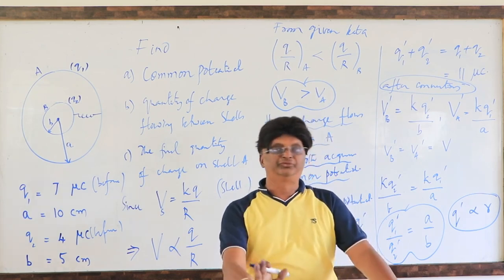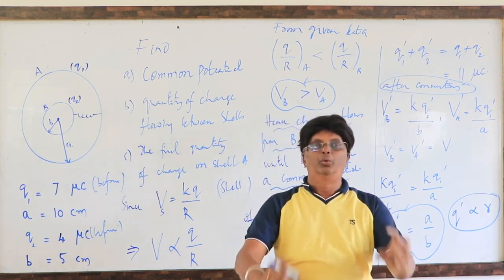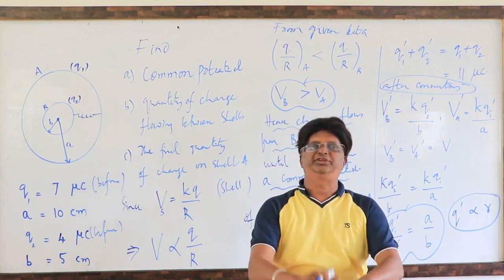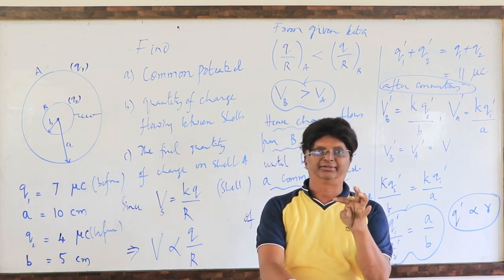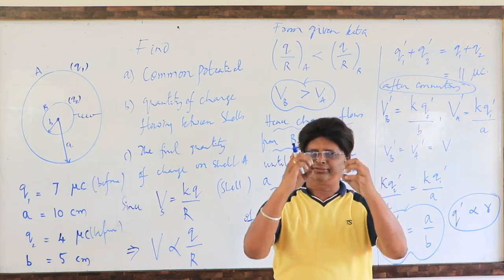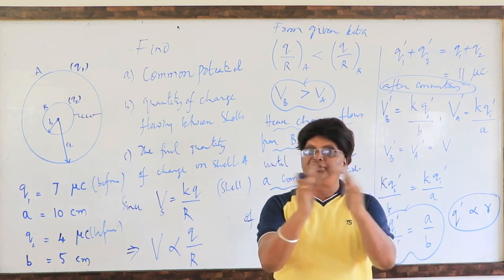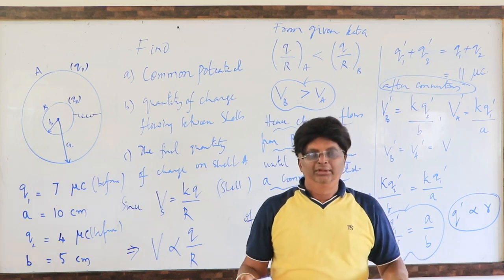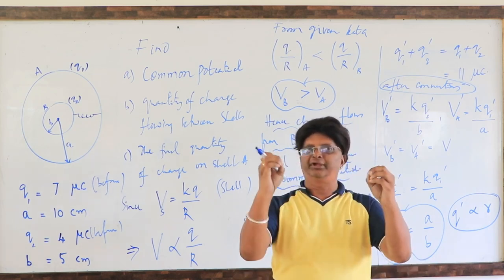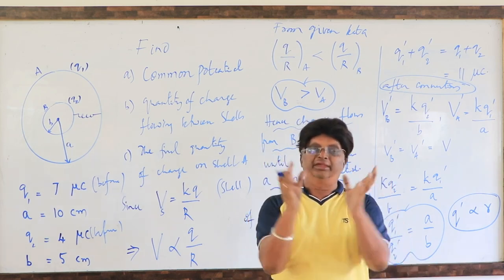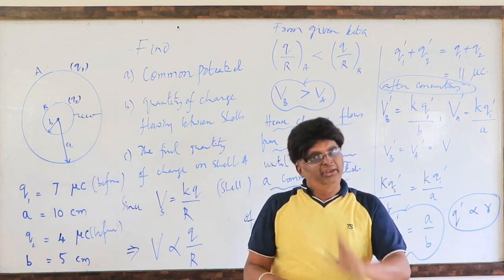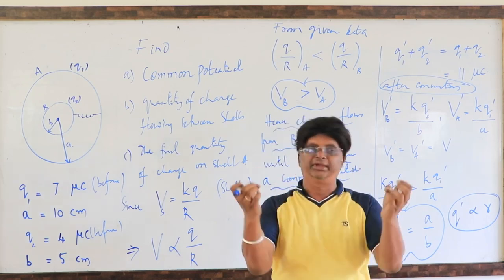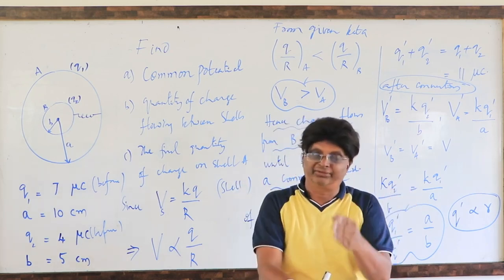In the earlier Coulombic force examples, remember, when two shells are touched with each other, we took the case of identical shells. Same radius, same size, then the charge division is equal. Suppose 5 centimeter, and I have to give them 10 microcoulomb, then they will take 5 and 5 because of equal size.